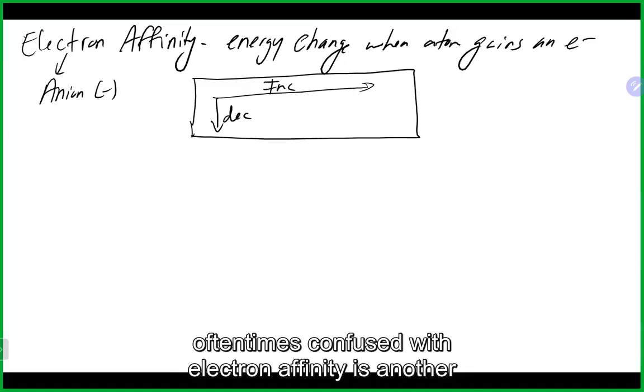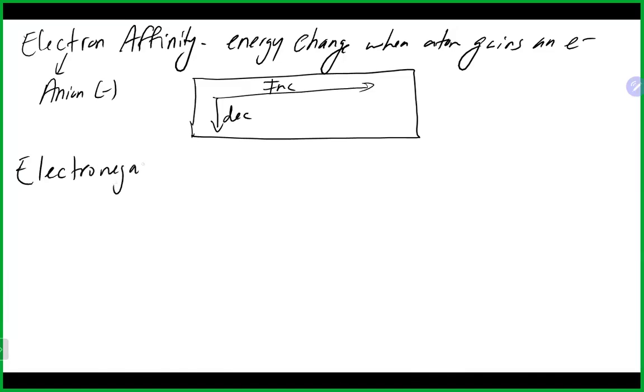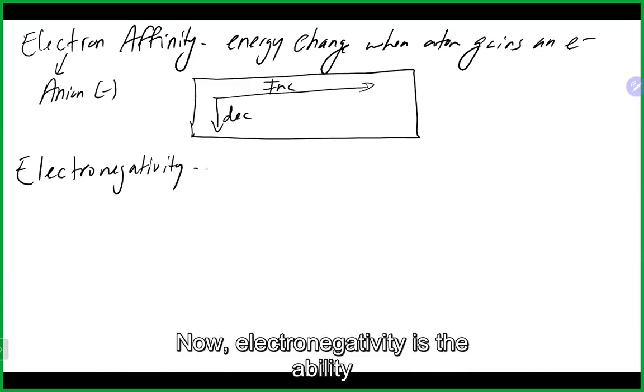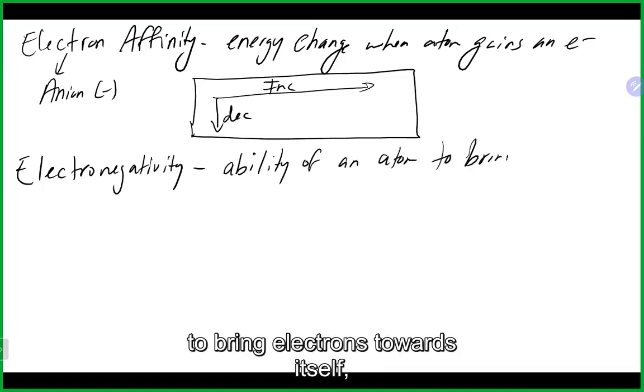Now, something that is oftentimes confused with electron affinity is another important trend, which is electronegativity. Electronegativity is the ability of an atom to bring electrons towards itself.